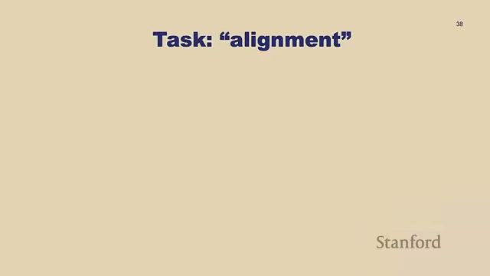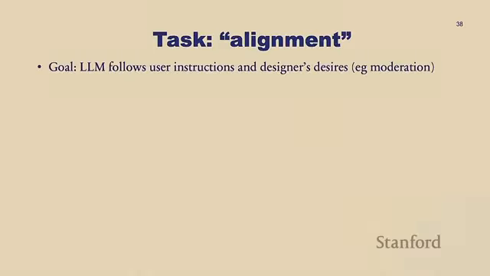This is not what you want from an AI assistant. So how do we do this alignment, which is this post-training and making these models assistants? So the goal of this alignment is to basically get LLMs to follow the instructions that are given by users, and maybe some designers' desires. So think about moderation. You don't want the model, like OpenAI definitely doesn't want their model, to say stuff that is very toxic.